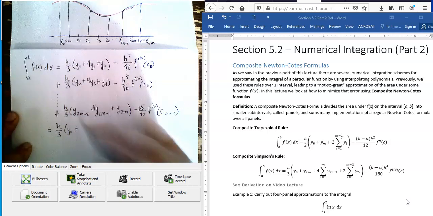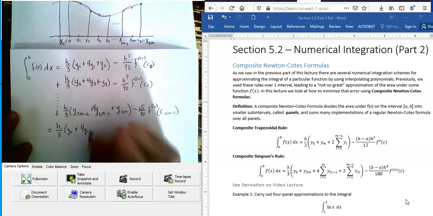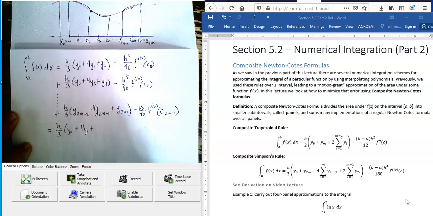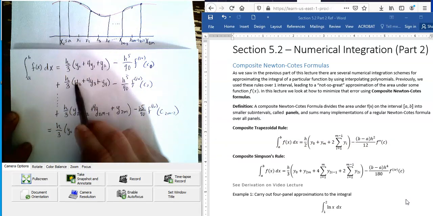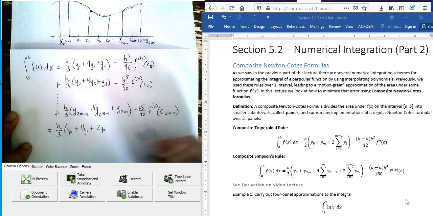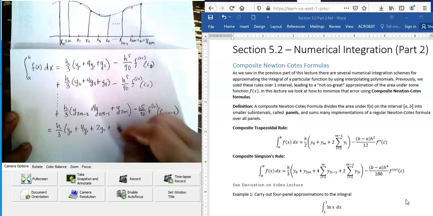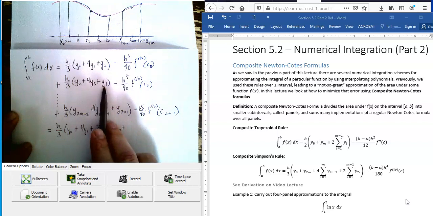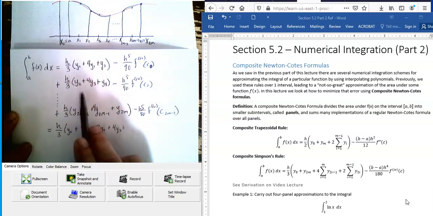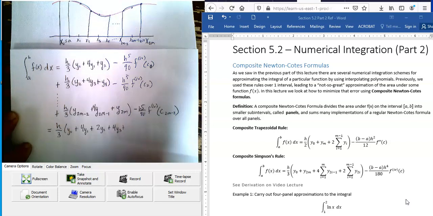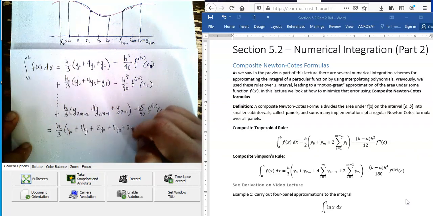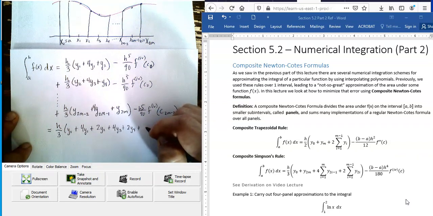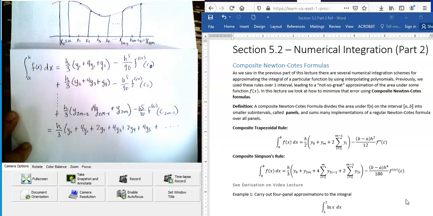Well, just these 4, right? 4 y1s plus how many y2s altogether? Here we have a y2, here we have a y2, so 2 y2s plus 4 y3s plus how many y4s will we have? We'll have 2 of those as well, because in the next term we're going to have that same kind of pattern. So 2 y4s, and then 4 y5s, plus dot dot dot, down the line here.